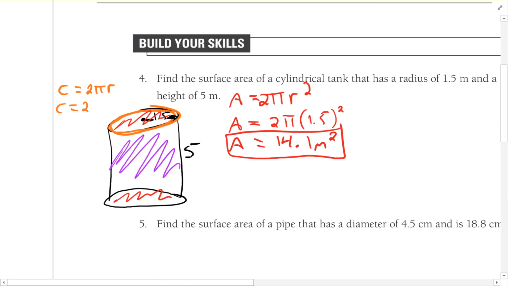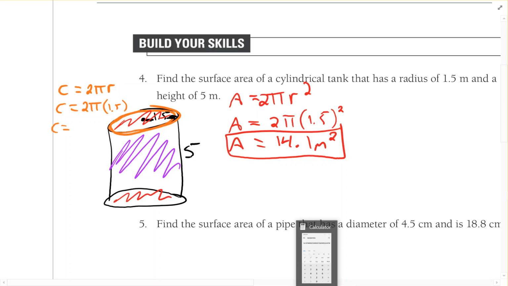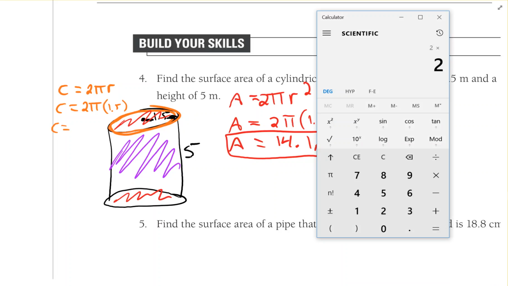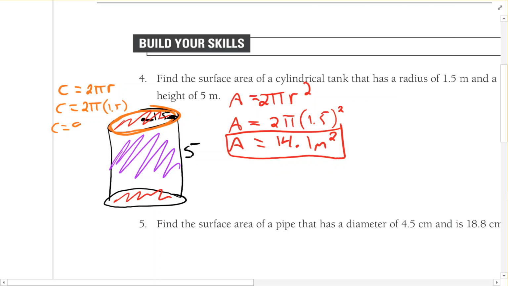So circumference is equal to 2 times pi times the radius. Not squared, right? It's different than area because we're not squaring the radius. So it's going to be 2 times pi times 1.5. So the circumference of this thing is 9.4, and that's in meters.